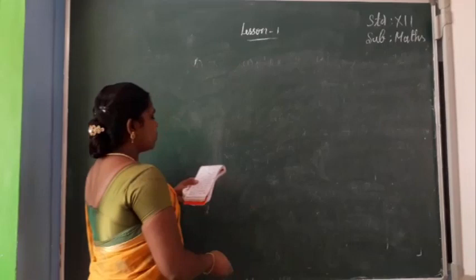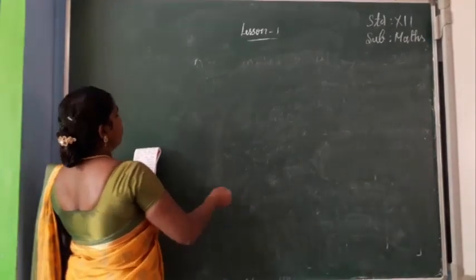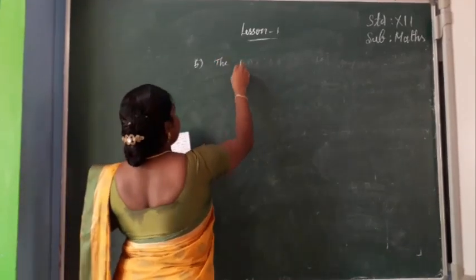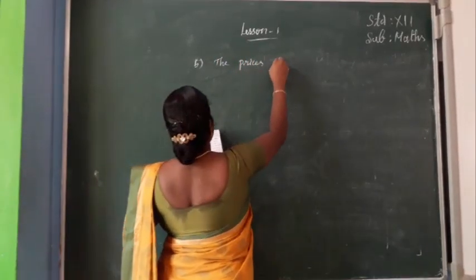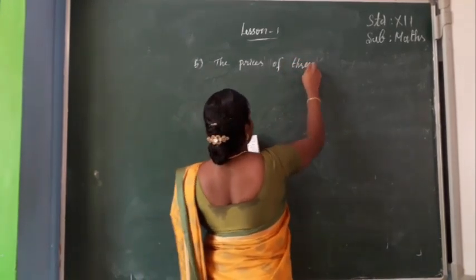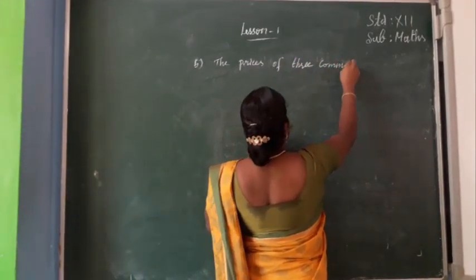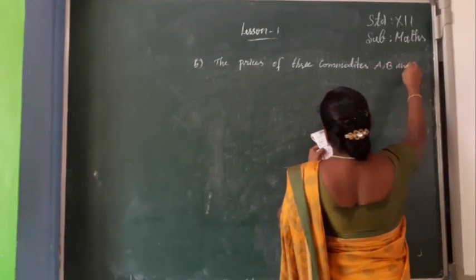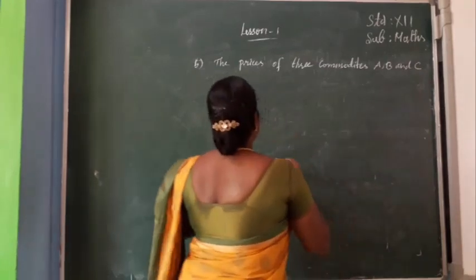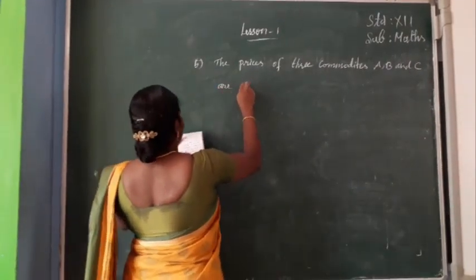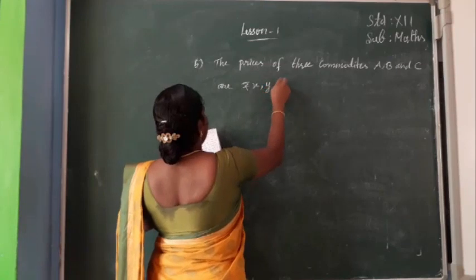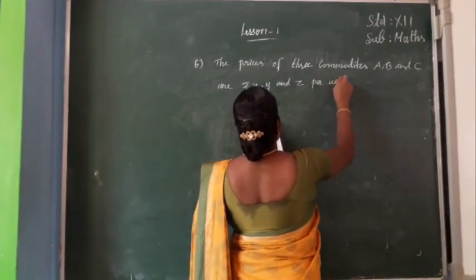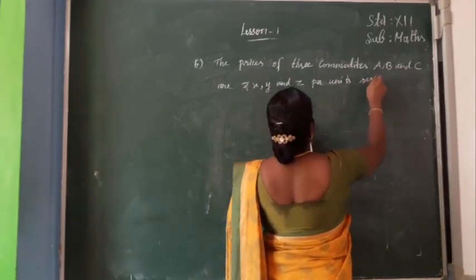Okay, next problem, question number 5. The prices of 3 commodities A, B and C are rupees X, Y and Z per 12 units respectively.